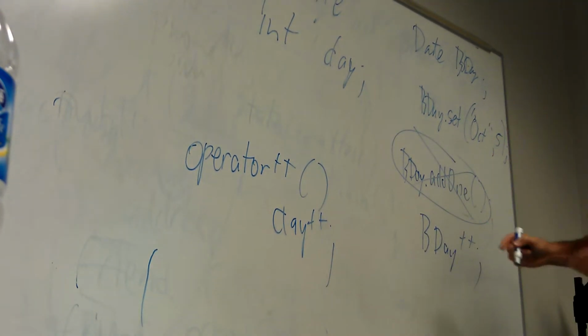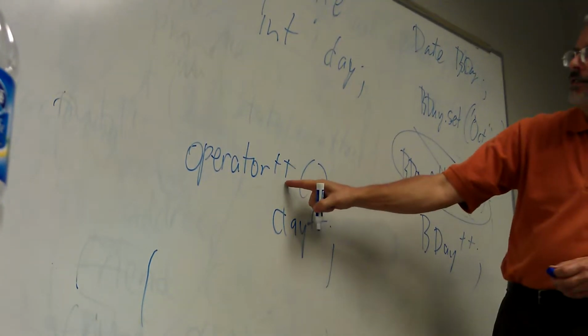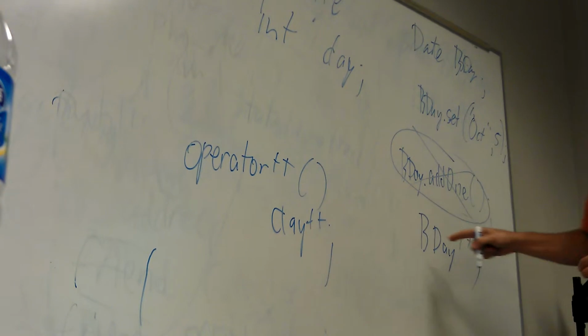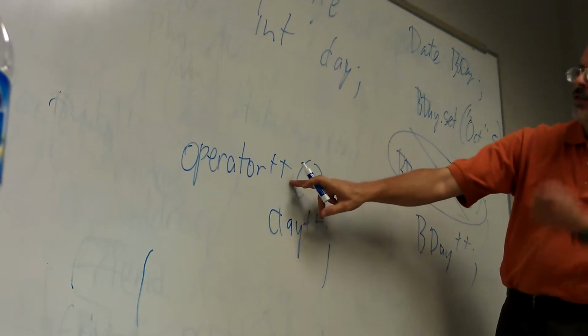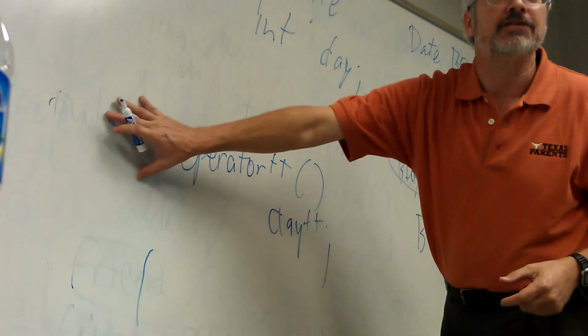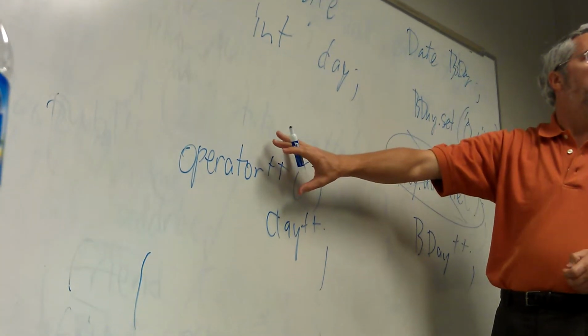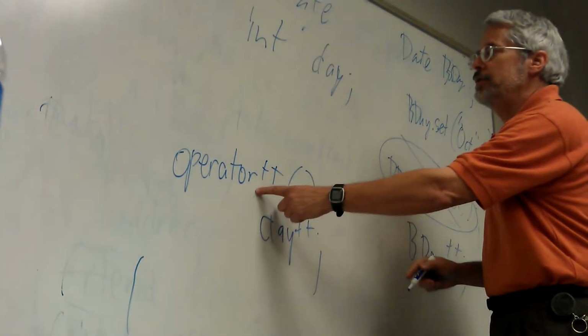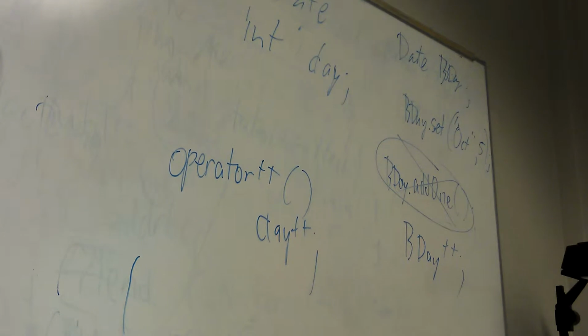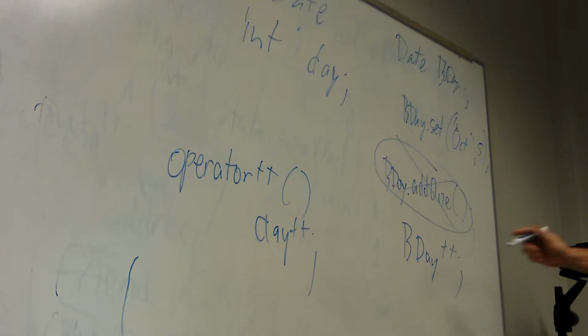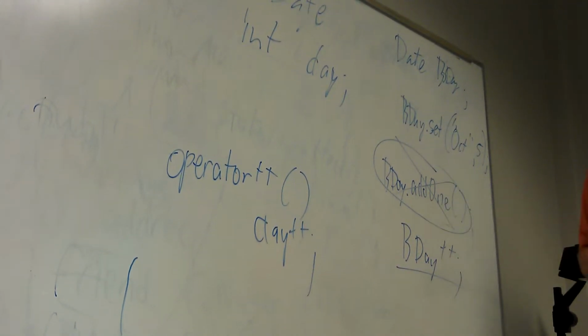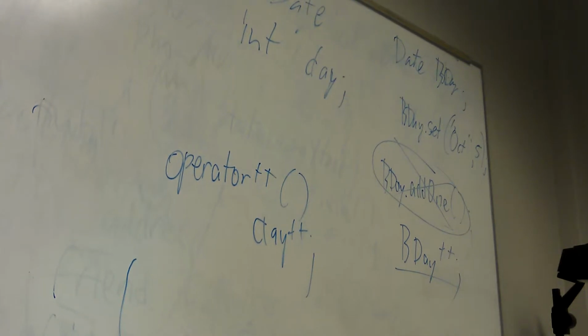Now I've left off some syntax here. It's a little bit more complicated than that, but it's almost as easy as changing the name to plus plus. And now I can do this instead of that, which is a little cleaner.